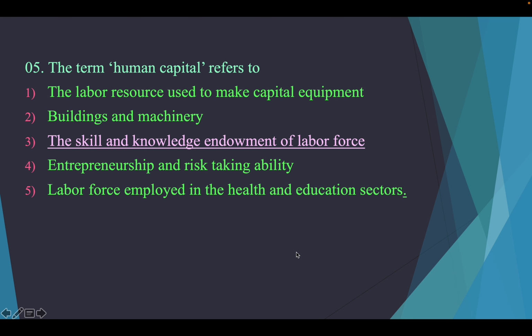Then the fifth question: the term human capital refers to? You know, labor means the physical and mental abilities people have, and human capital means this improved labor. How do we improve this labor? Now, what are you doing? You are taking good, quality education, because you need to enhance your human capital.